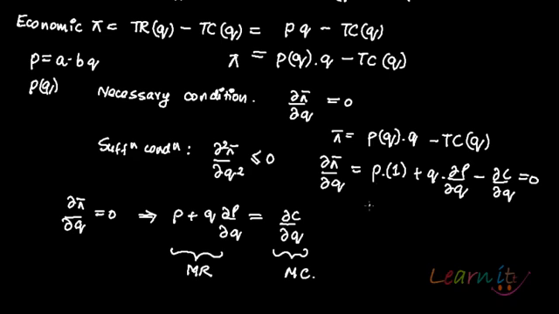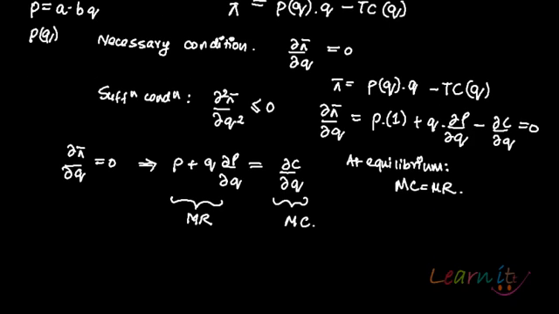So at equilibrium, MC should be equal to MR. I'm sure you know why this is marginal revenue: marginal revenue is the change in the total revenue when one more unit of output is sold in the market. And what is the total revenue? Total revenue is P into Q.